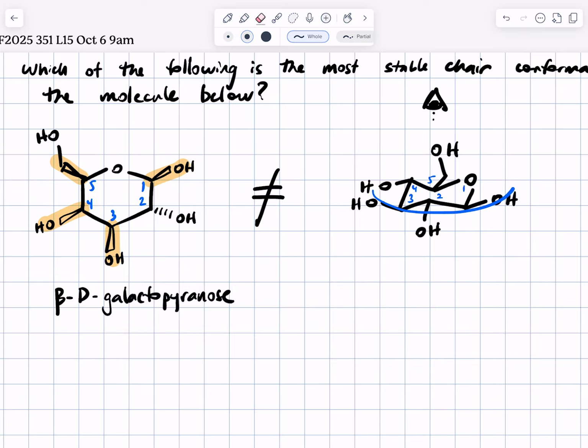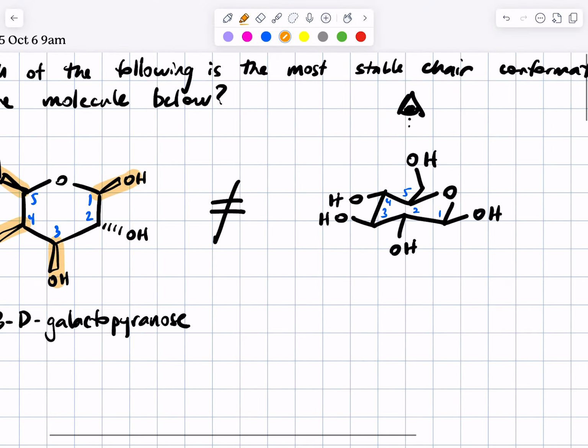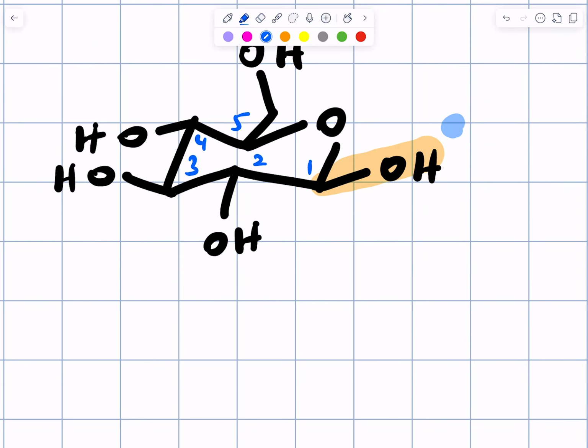So one by one, the OH group on carbon 1 is what? Is it up or down? Up. Okay, equatorial ones are still angled up. This is what we would call an equatorial up substituent.